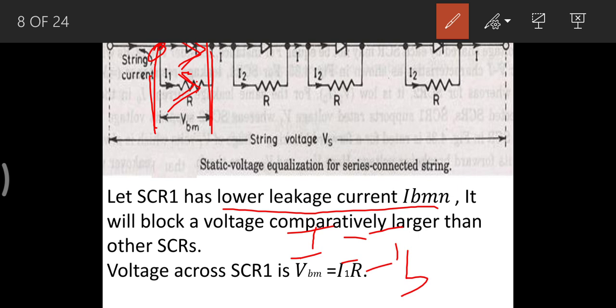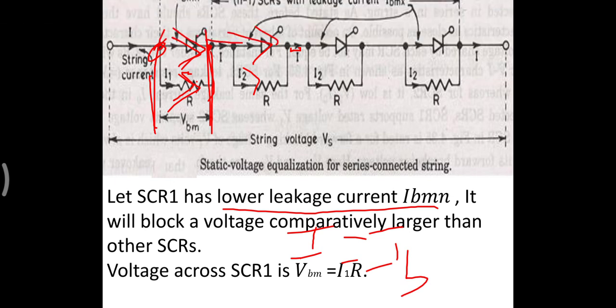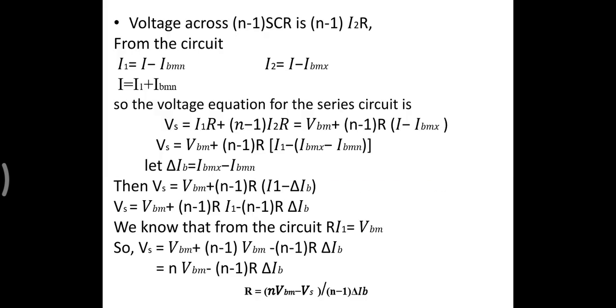So again here we are getting I. Why? Because these two currents are added again, and in this circuit these two divide again. But coming to this point, these two currents are added again, and we get the same current I. So from the circuit we can write the current equation like this: I1 is equal to I minus IBM.